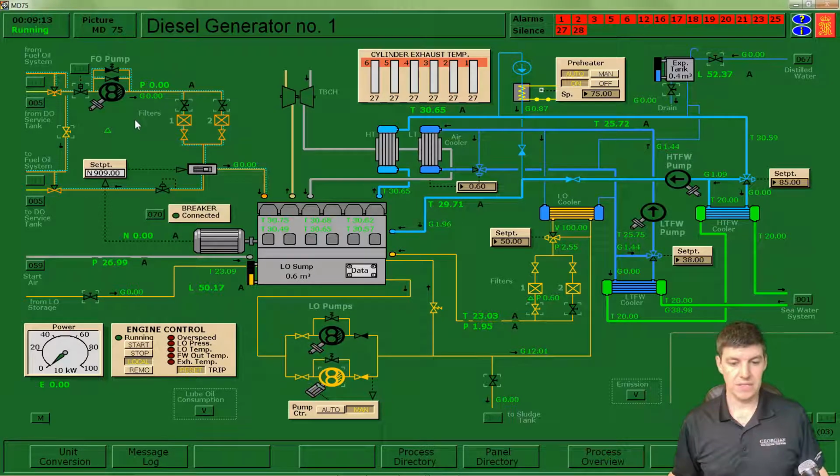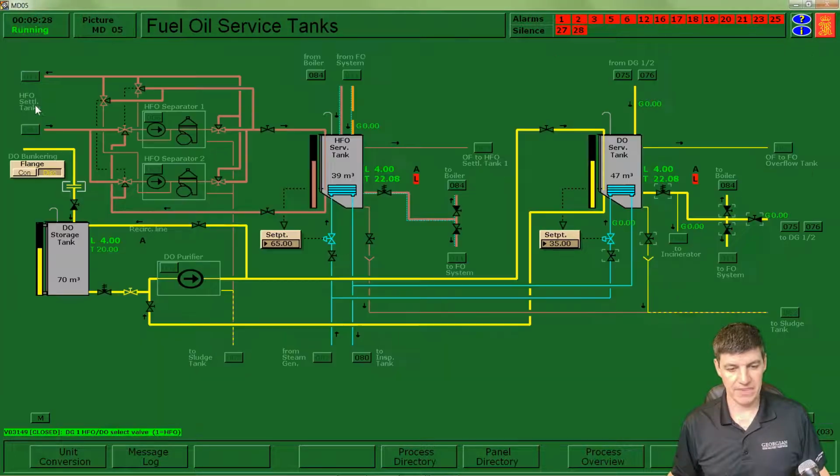So fuel needs to be added in, and in order to set up my fuel system, I'm going to use my yellow line here, the diesel oil, but I'm going to go all the way from the tank as my starting point. So I'm going to go back to number 5, and again I have that connection to 7.5.